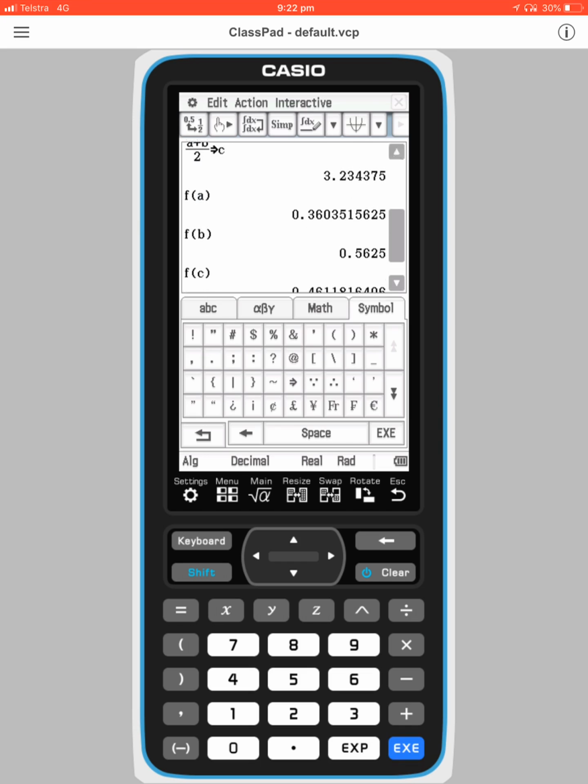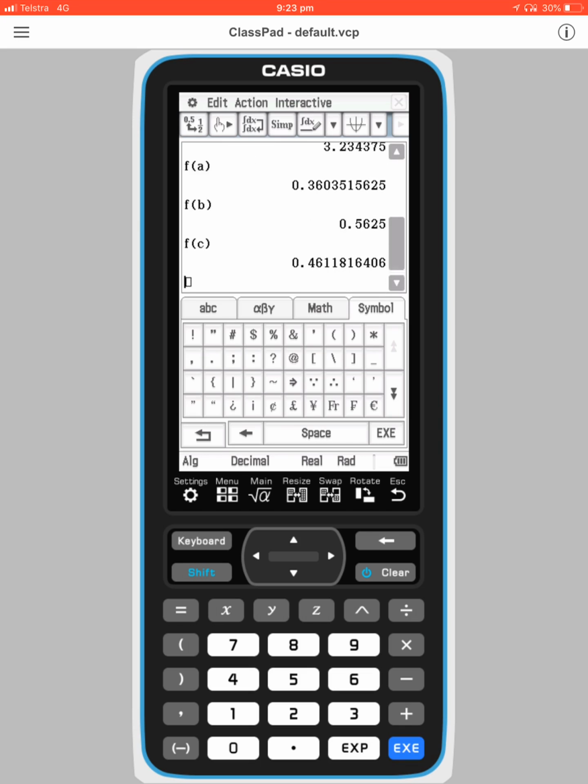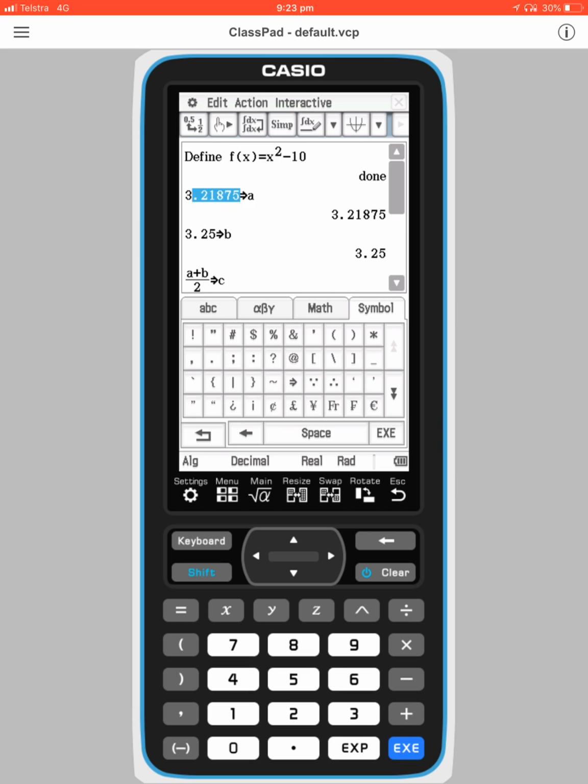We replace. Oh, have I stuffed it up? Let's go back again. So 3 and 4. Okay, because it's positive, we replace B. So B becomes 3.5.